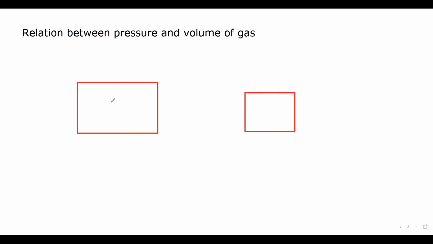Like this container is at 20 degrees. This is also at 20. Equal number of particles are there. In which container do we have a higher pressure, A or B? Is it A or B?